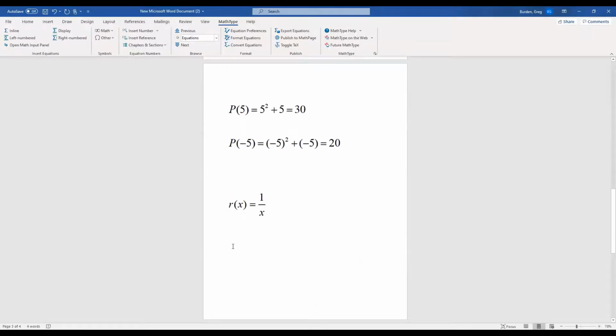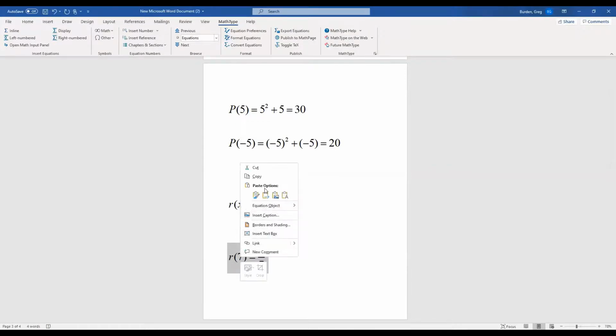Now we could check that by looking at R of 7, which of course is 1/7.